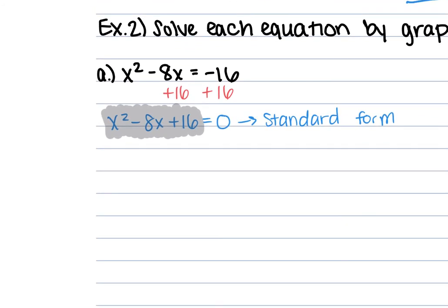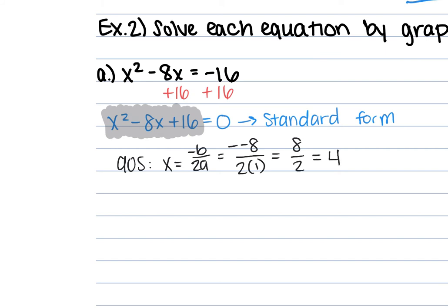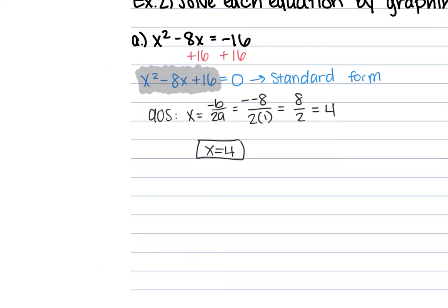So first things first, we need to find the axis of symmetry. Our axis of symmetry is x equals negative b over 2a, which is going to be negative negative 8 over 2 times 1. This is going to be positive 8 over 2, which is positive 4. So x equals 4 is my axis of symmetry. I take that value, I plug it in to find the vertex. So remember, for my vertex, we're going to use x squared minus 8x plus 16, and we're going to take the 4 and plug it in wherever I see x.